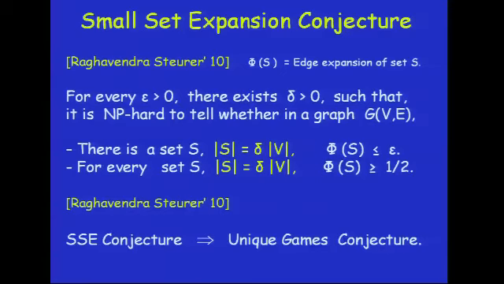So here is a concrete statement. For every constant epsilon, there is a constant delta, such that given a graph G, it's NP hard to distinguish between the following two cases. Either there is a set of size delta times the number of vertices whose expansion is at most epsilon, or every set expands by at least 1/2.